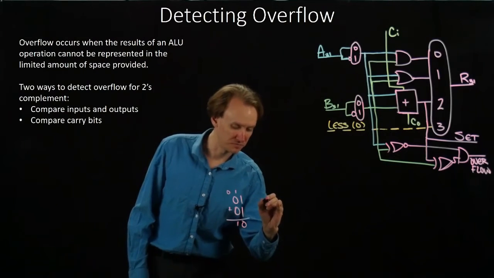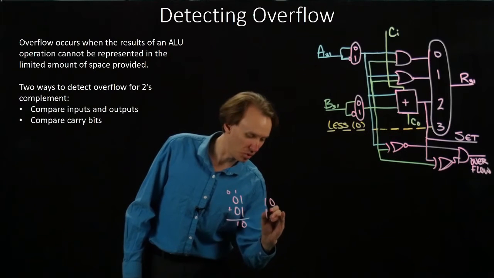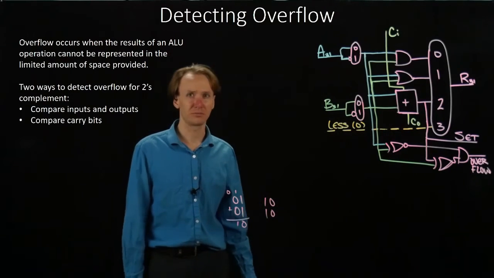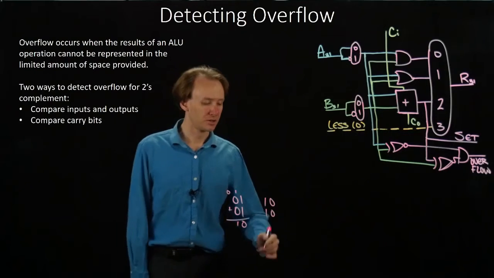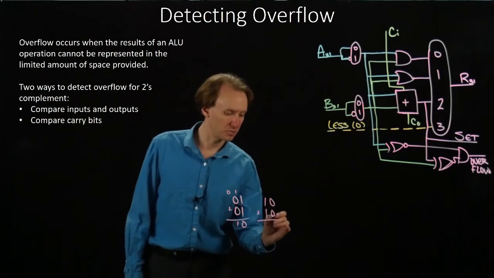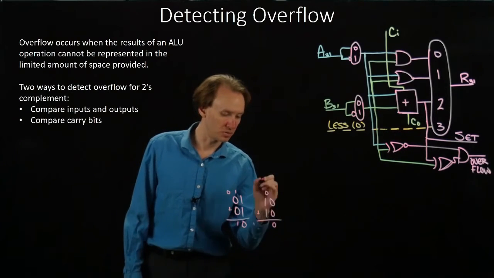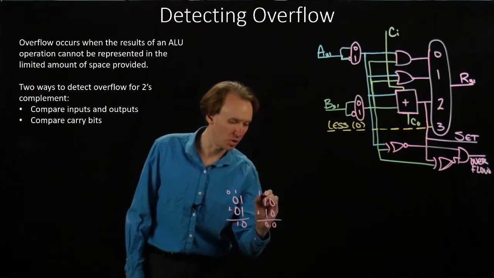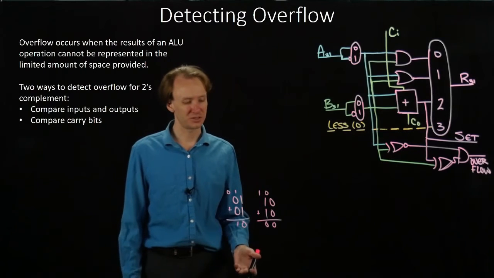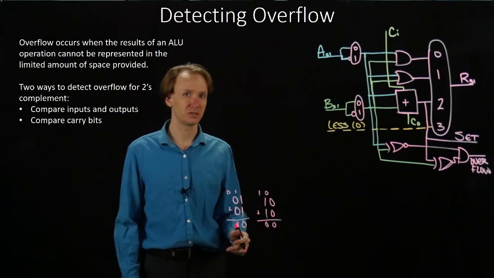If I have, say, the 2 largest negative numbers, 1, 0, and 1, 0, which are negative 2 each, add those together. 0 plus 0 gives me 0, so I'd carry a 0. 0 plus 1 is 1, carry a 1. So I have something that looks like 0, but again I have different carry bits.